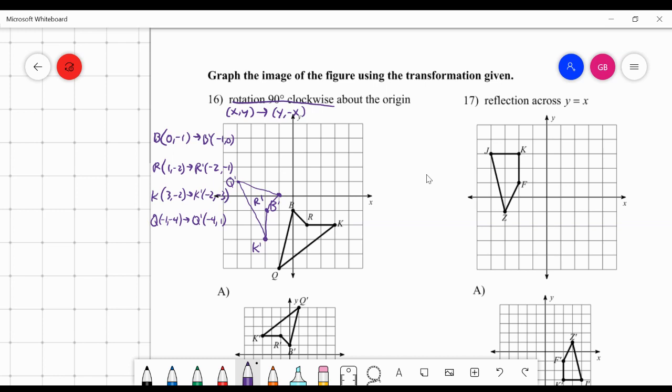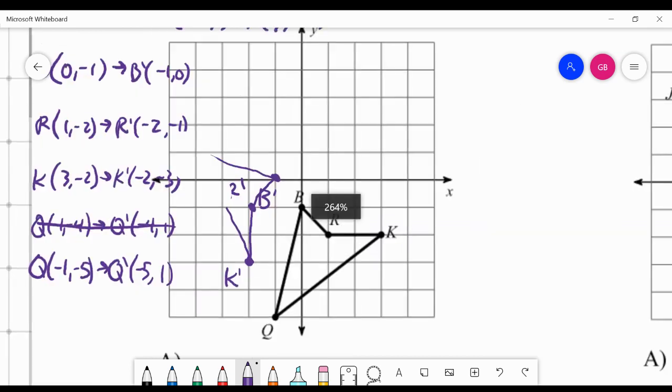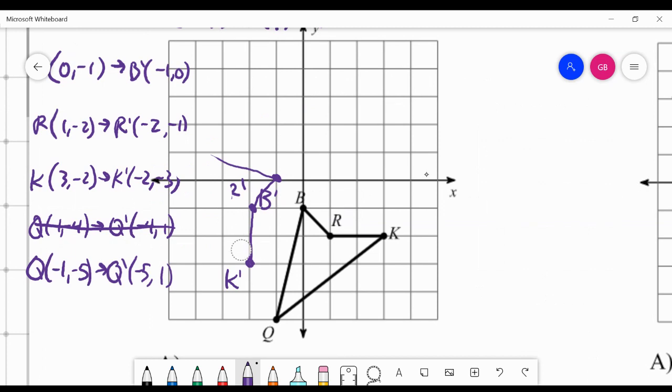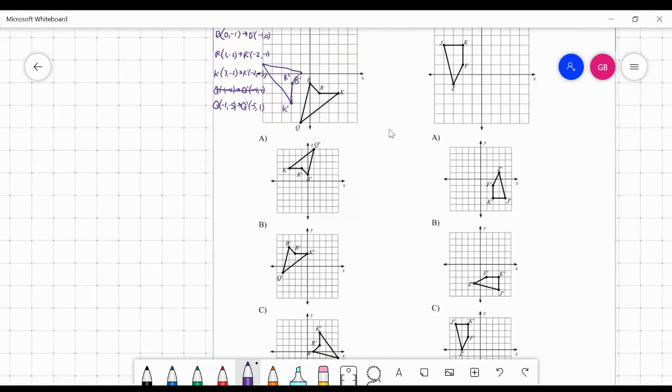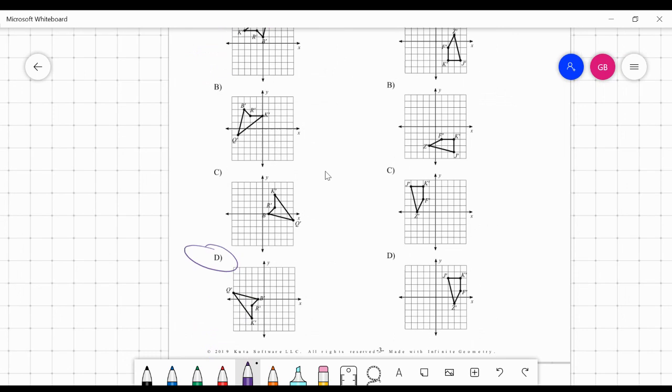Q is (-1, -5), which turns into (-5, 1). It should be over here, like that. Okay, still D. Yeah, still D.